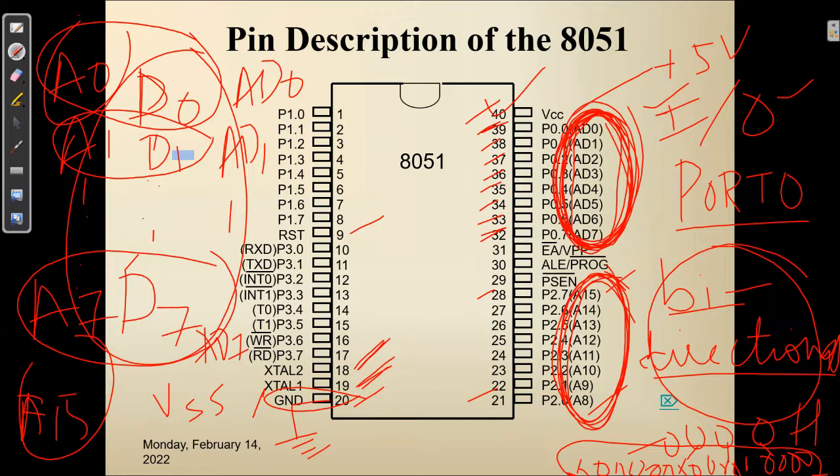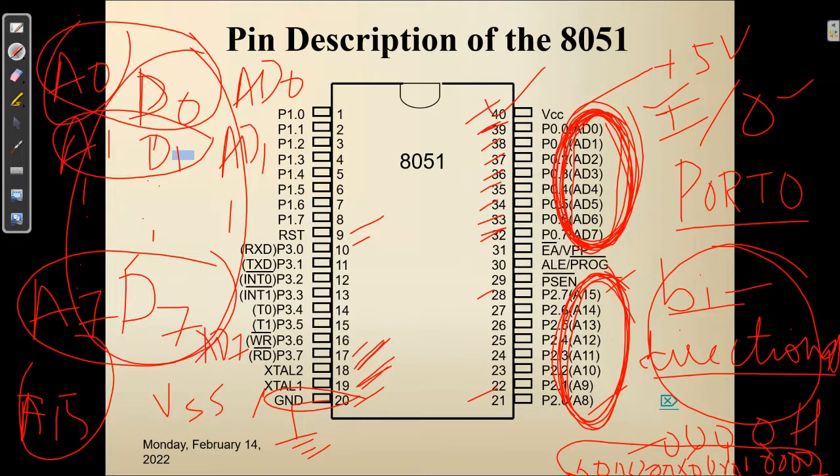We will proceed to port 3. If you want to see port 3, you have to see bottom left. Port 3 starts from pin number 10 to pin number 17. So P3.0 से लेके P3.7. This port 3 is having an alternate function.